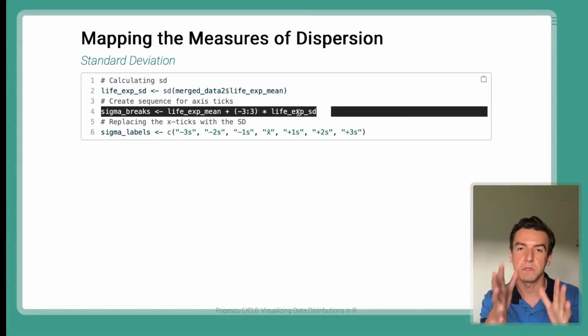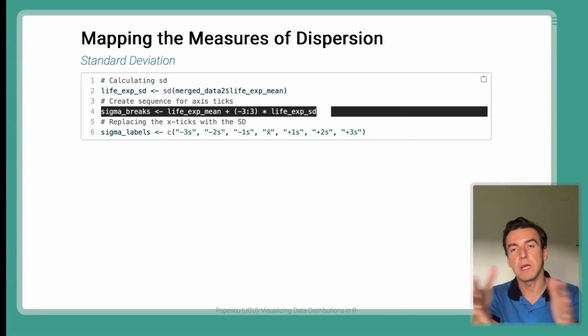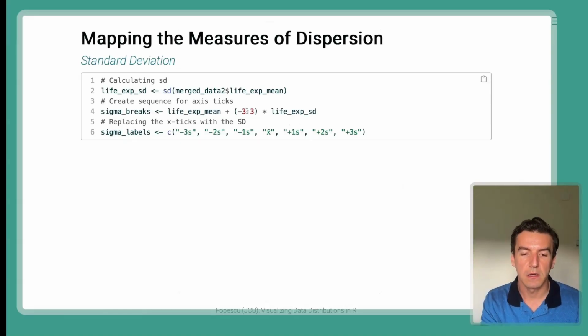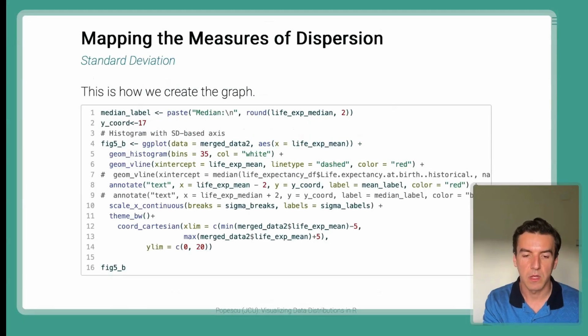I would like to illustrate the standard deviation concept in relation to the mean and in relation to the histogram, which is why I'm creating the sequence for the x axis from -3 to 3 multiplied by the standard deviation value. And then I'm also creating labels, sigma labels.